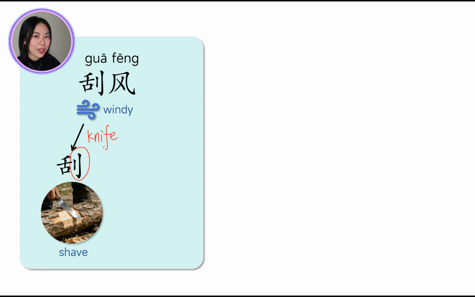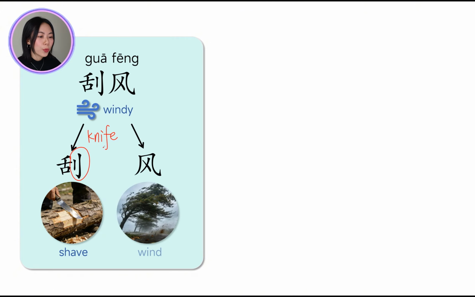The knife radical is related to cutting, shaving, peeling, etc. 风 is wind. So 刮风 together, shave wind, that's windy. You can imagine when the wind comes, it's like the air breathing on the surface, kind of like gently shaving the surface.